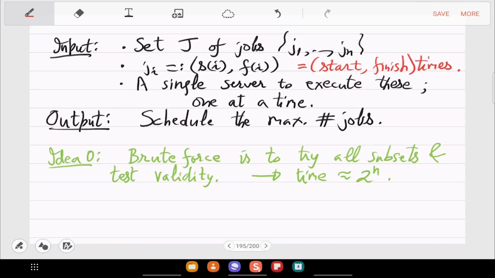So let's define non-overlapping jobs, which we'll keep using.